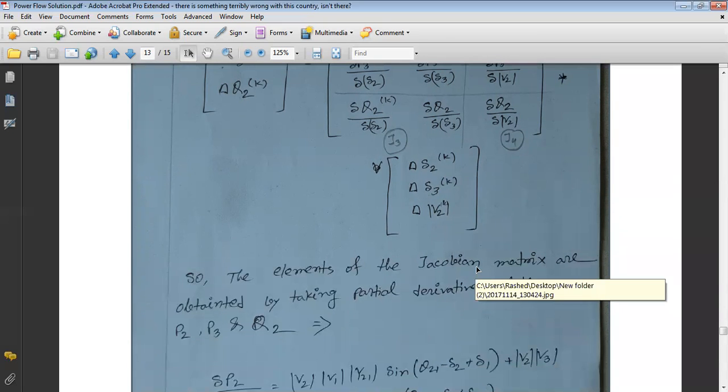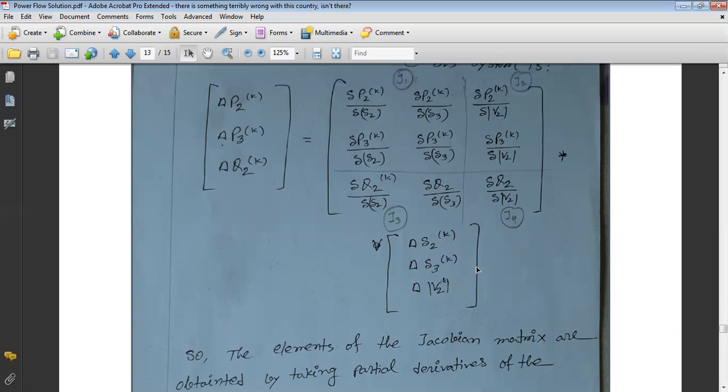So again, bus 2 is a PQ bus for this particular problem, so we don't know the voltage angle of bus 2, and we don't know the magnitude of bus 2. So that's why delta 2, the angle of bus 2, and this is del V2, the magnitude. The order should be angle then bus voltage, and this is the Jacobian.